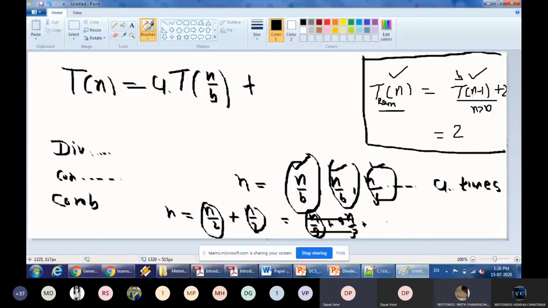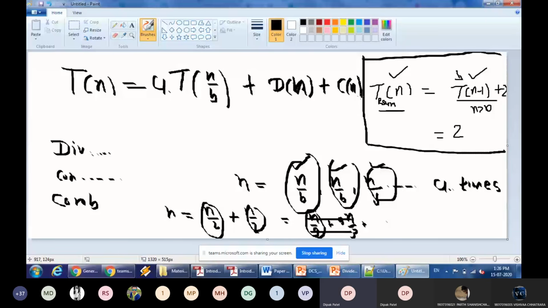Okay. Now we need to include the time to create such partitions. So let me write D of n, this is for the divide step. Some time is required to divide the n input into n by b parts, right? Plus some time required to combine these solutions into the solution for n.